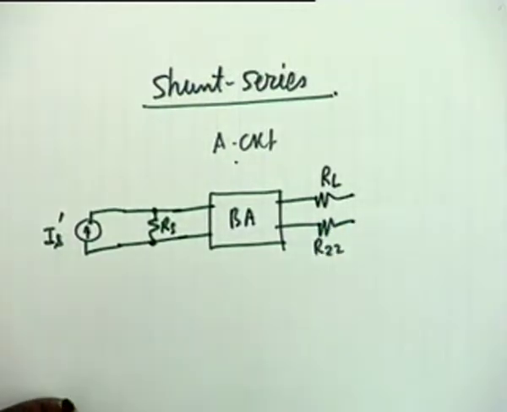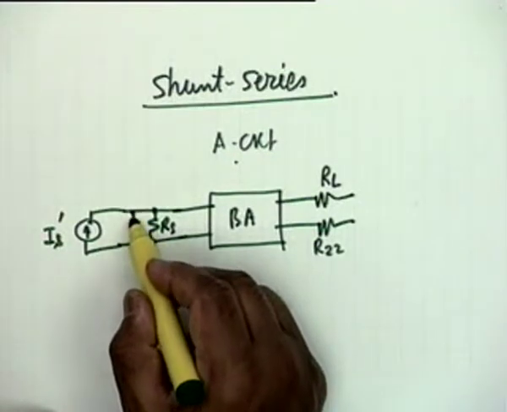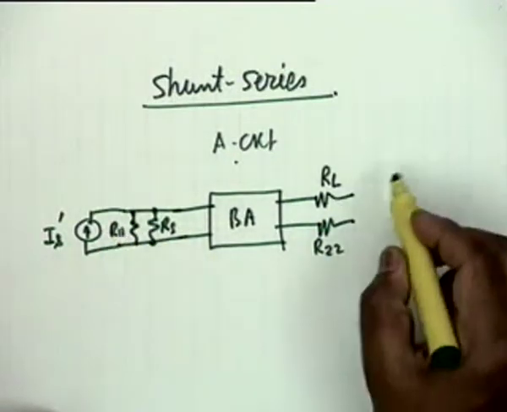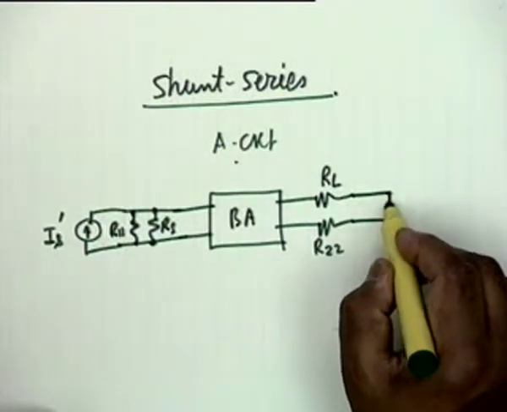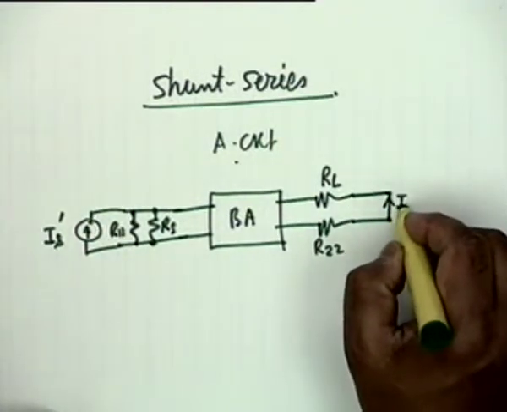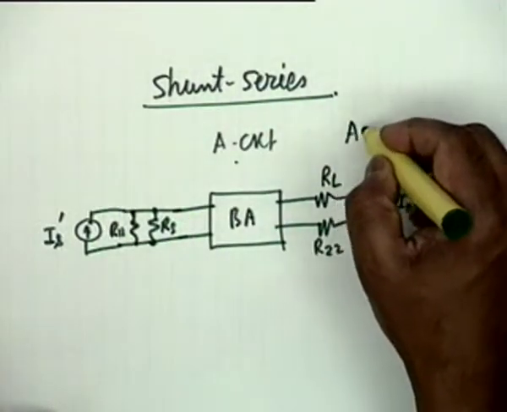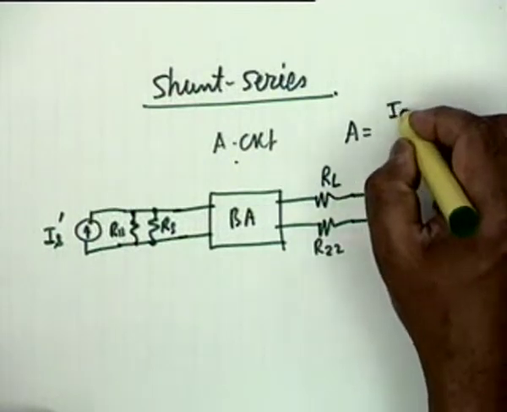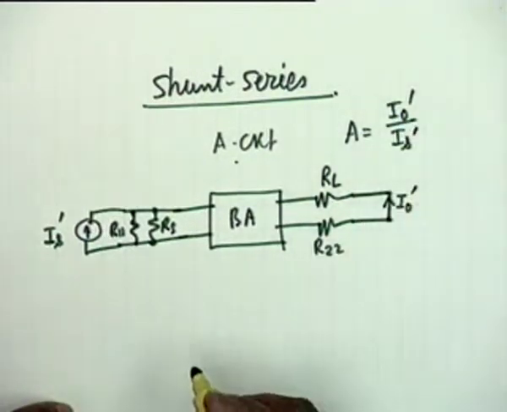We will see how R22 is to be measured, and from the feedback network here an R11. Then what should I do with these two terminals? Short, and this is my I0 prime, and therefore in a shunt series the appropriate A is a current transfer function I0 prime by Is prime.